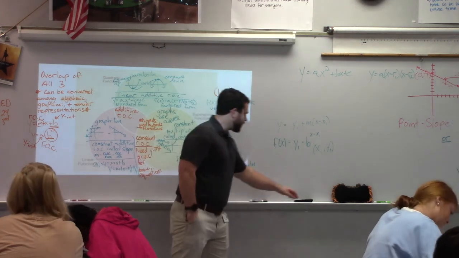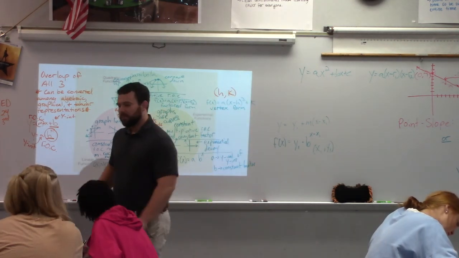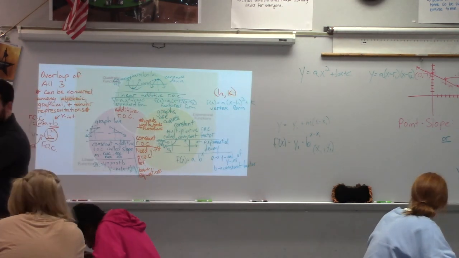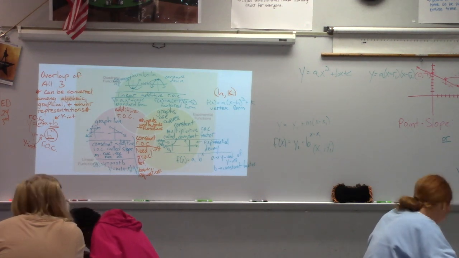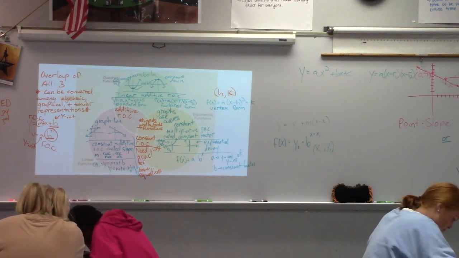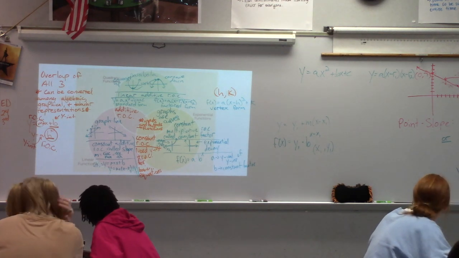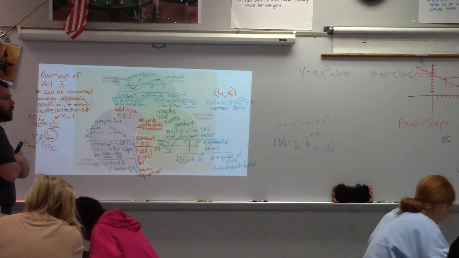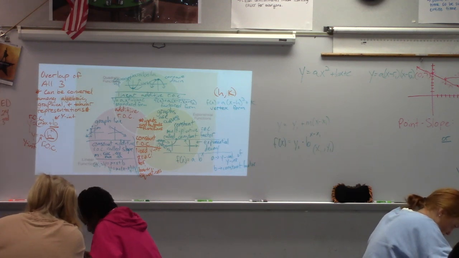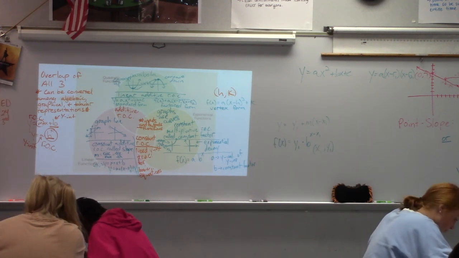So this is a massive summary of all things linear, exponential, and quadratic that we should refer back to when studying for understanding checks, when working together to help each other understand these different things, when doing homework assignments on linear, exponential, and quadratic, stuff like that.